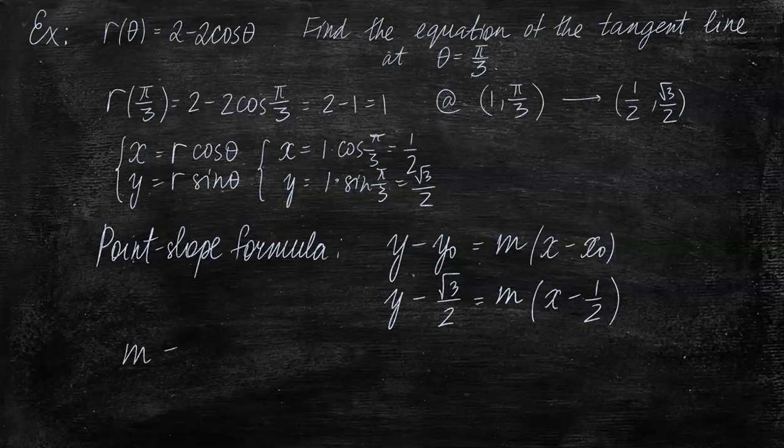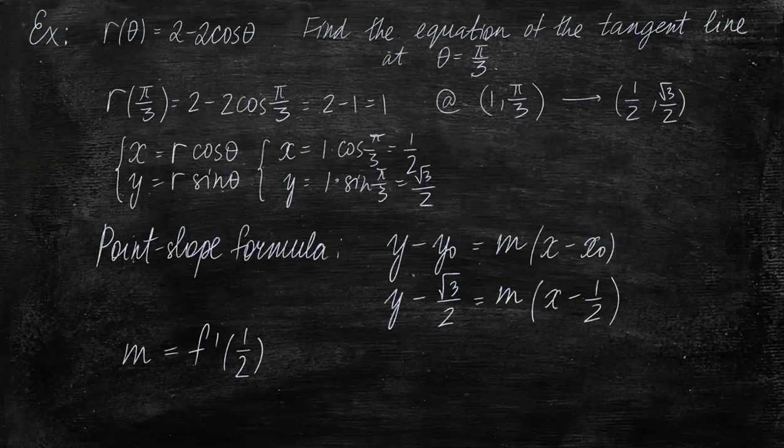What is the slope? The slope is the derivative of the function evaluated at the point 1/2. So this is where we need to be able to find the slope of the tangent line of a curve given to us in polar coordinates, in polar form.